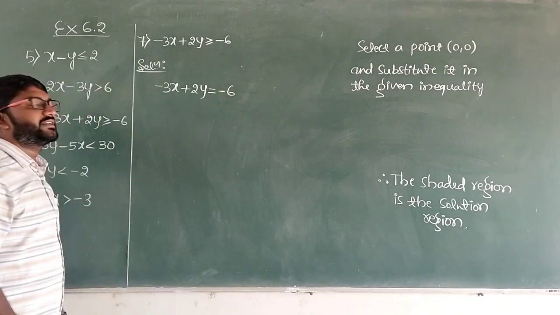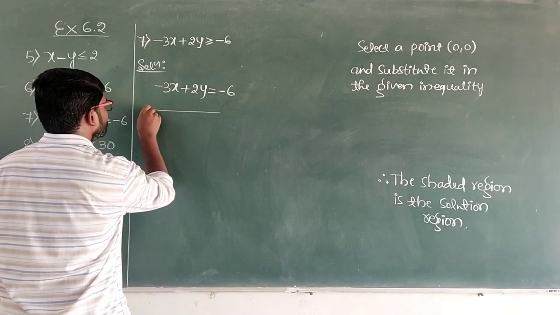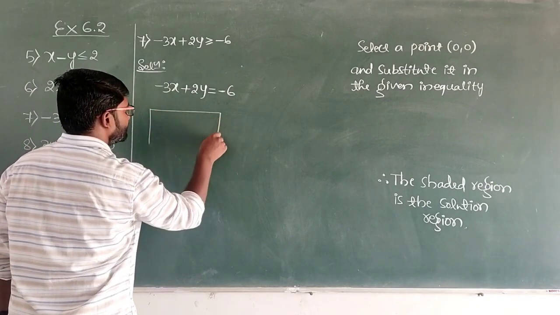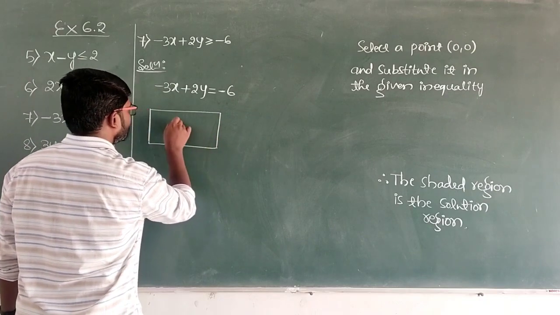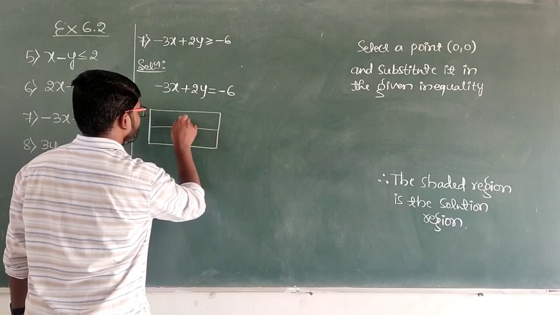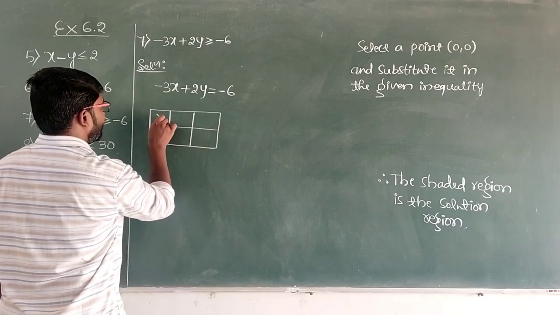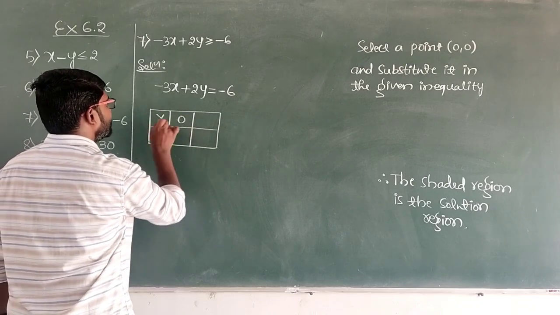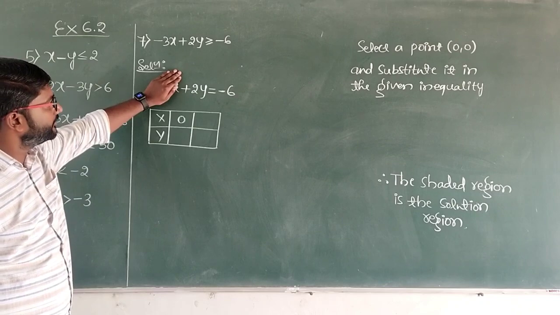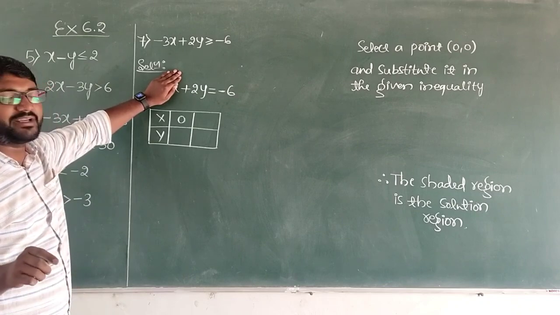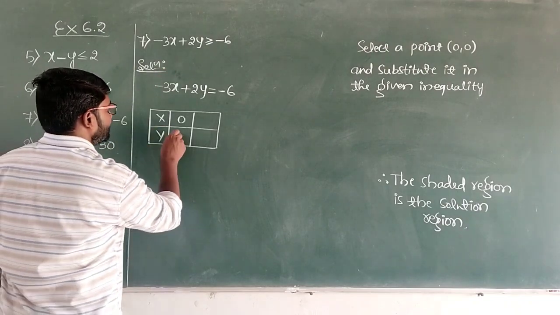Now we will have to construct the table here. So x, y. When x is 0, this term will be eliminated. What do we have? 2y equal to minus 6. That means y will be minus 6 divided by 2. It will be minus 3.